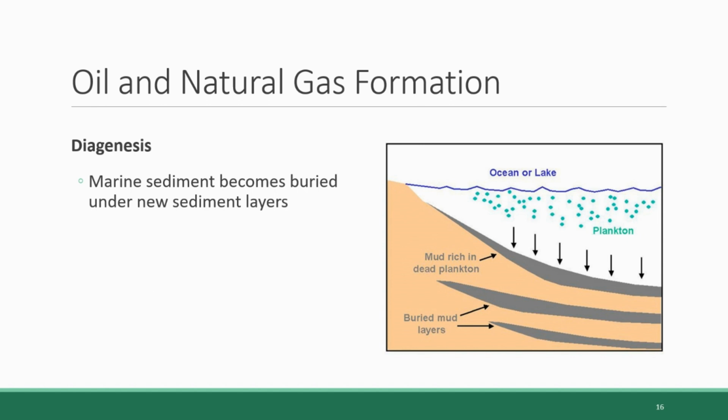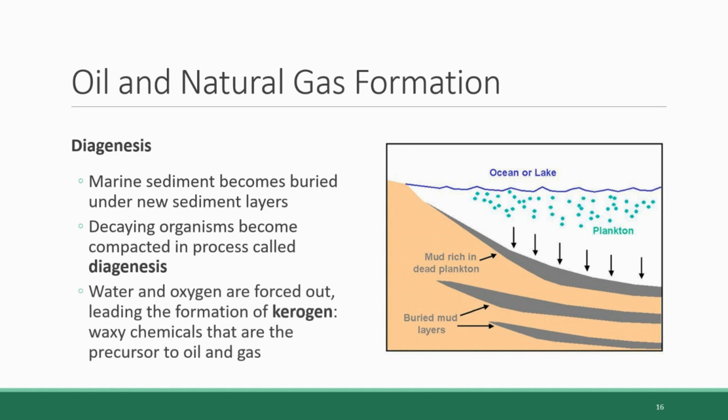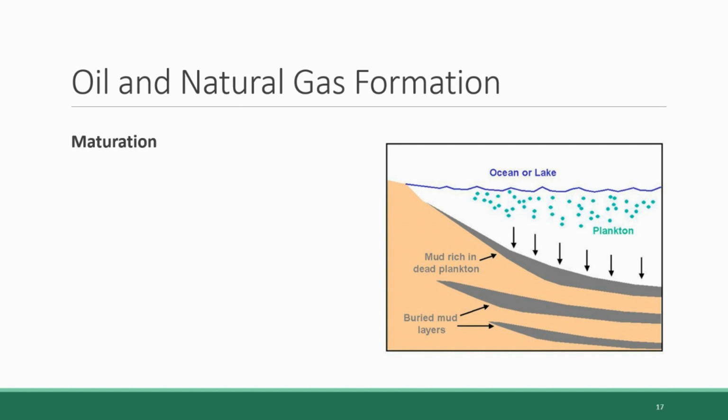And as this happens, the decaying phytoplankton become compacted. As a result of this compaction, water and oxygen get forced out of the sediment, and a material called kerogen is formed from the partially decayed marine organisms. Kerogen consists of waxy chemicals that are a precursor to oil and gas.